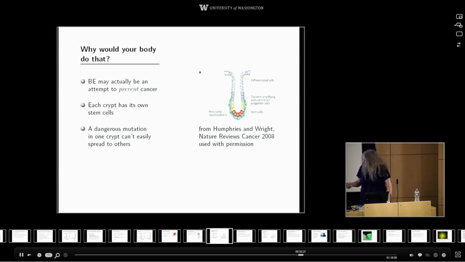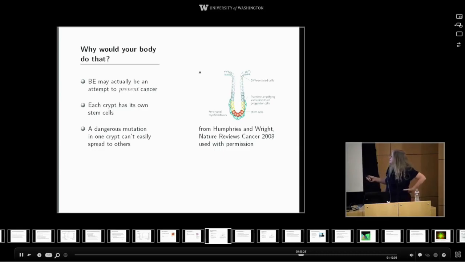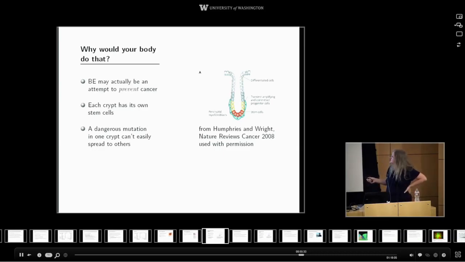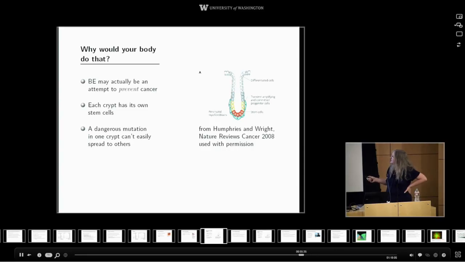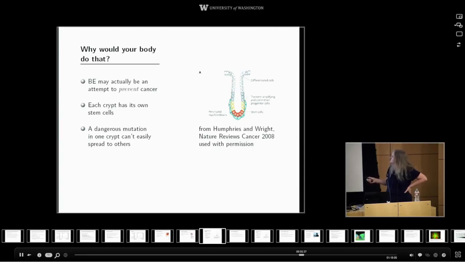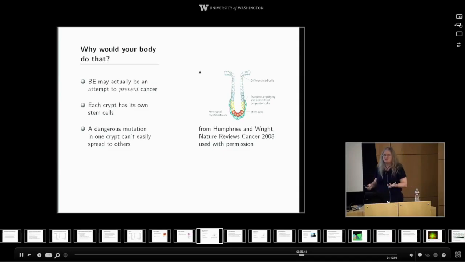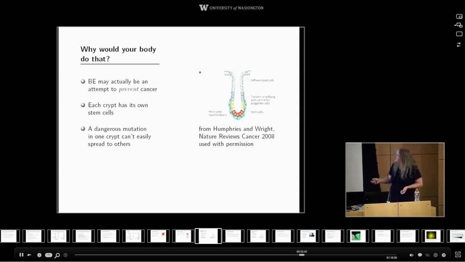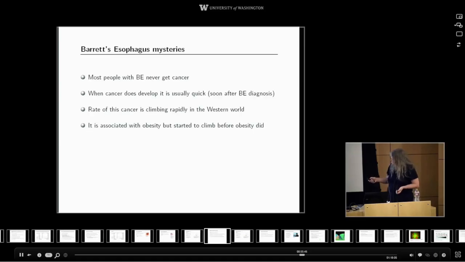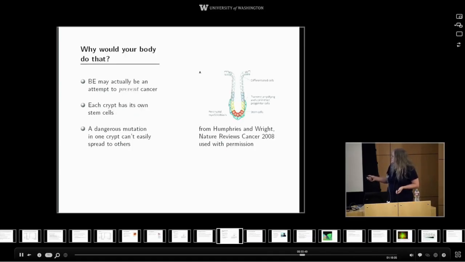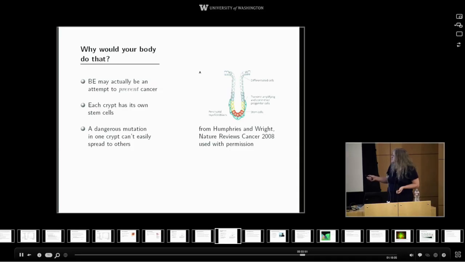The structure of these little crypts is that at the bottom of each one are stem cells. They divide and produce new stem cells, which remain at the bottom. They also divide and produce differentiating cells, which move up the sides of the crypt as they mature, and eventually are sloughed off into the esophagus. So a mutation down here can have several offspring down here.